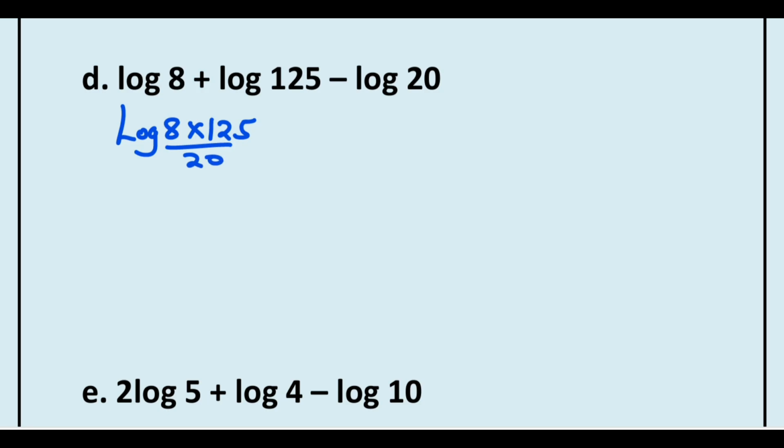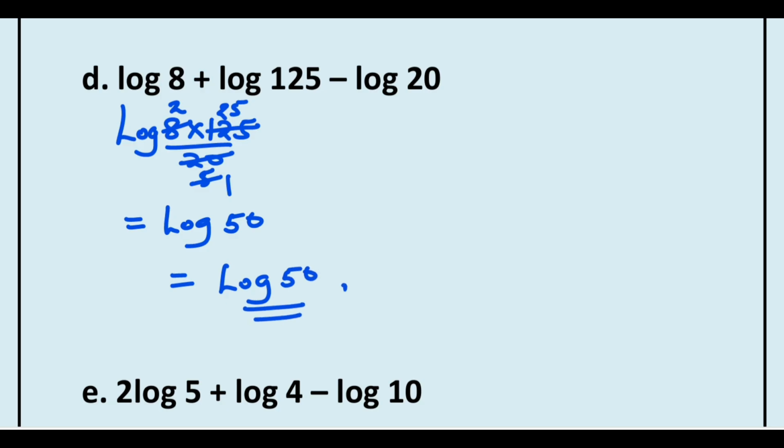So let us try to simplify here. 4 twice into 8, and 4 into 20, 5 times. 5 into 125 is 25 times. So therefore this one gives us log 2 times 25, which is log 50. So we end up with this being log 50. That becomes the end of our working.